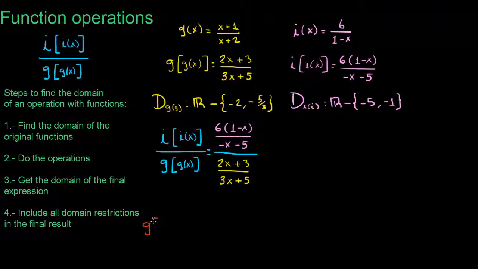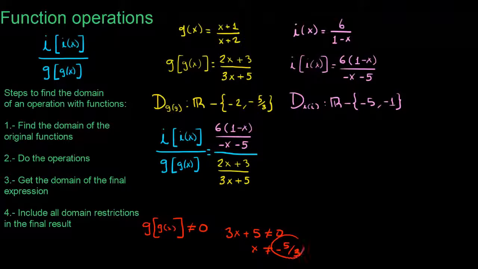So g of x has to be different from 0. And here you could say, well, I'm just going to take this expression here and make sure it's not equal to 0. Let's say 3 times x plus 5 is different from 0. So x has to be different from -5 over 3.